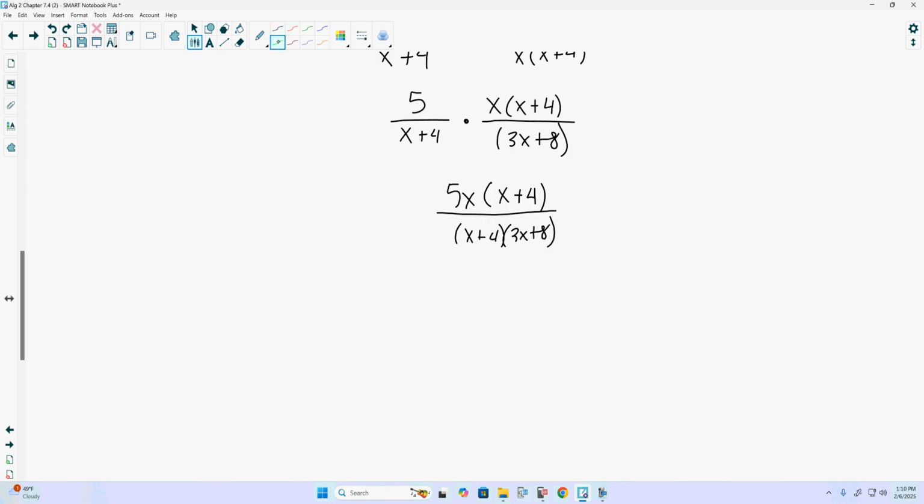And if we notice here, there is something in common on top and bottom, which is x plus 4. x plus 4 and x plus 4 cancels, telling us that this is 5 over 3x plus 8. There's nothing in common on top and bottom. We can't reduce the 3x plus 8 any farther than this here. So this is what we get.